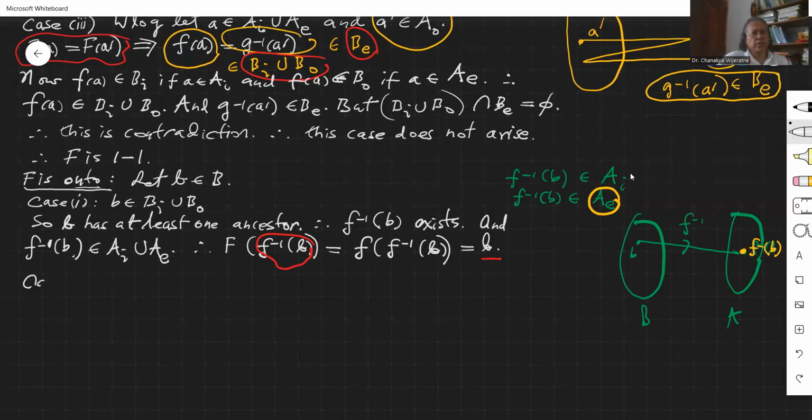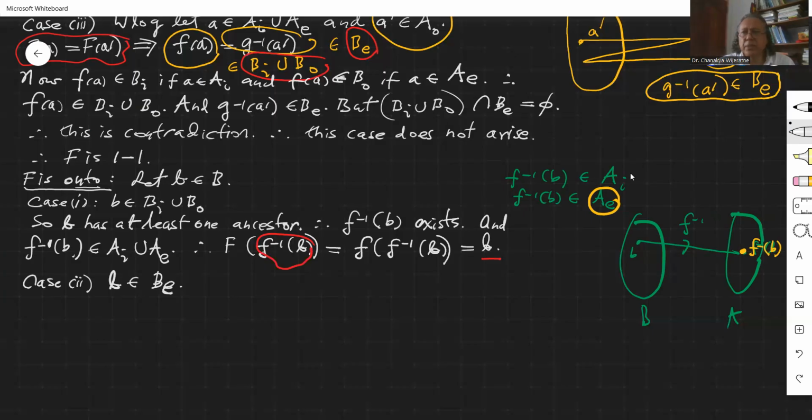So case 2, b belongs to BE. So we could have 0 ancestors or a positive even number of ancestors.